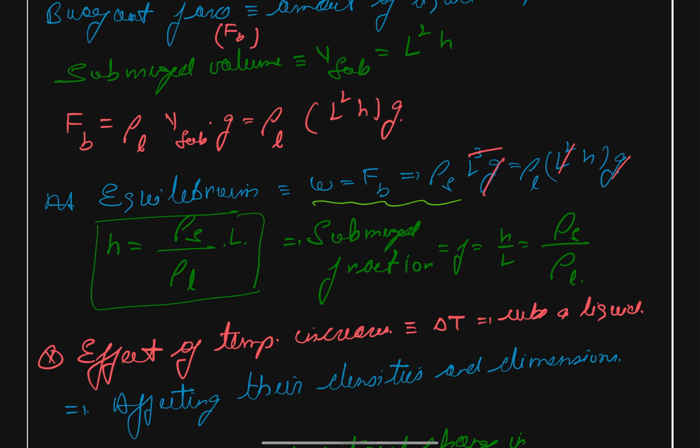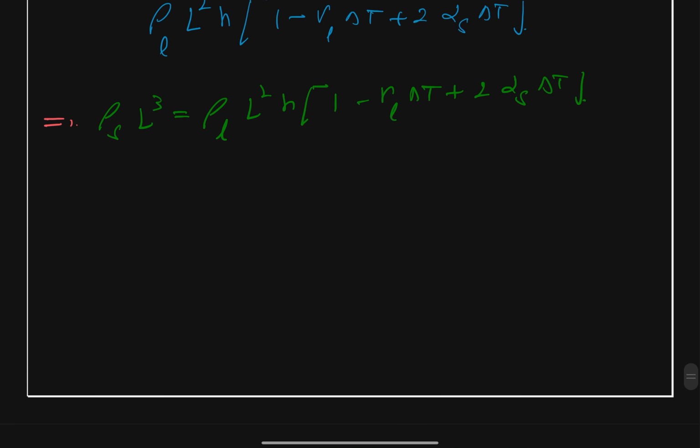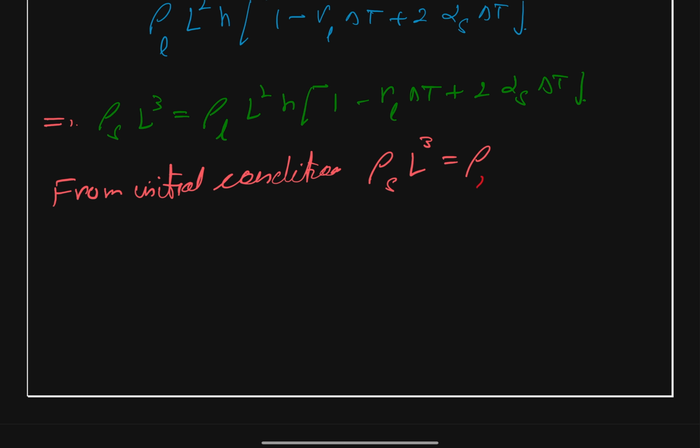This portion we are going to use, g we can just cancel. So from the initial condition we can say that rho S L cube, the volume, is equal to the displaced, which is rho L square times h. Therefore we substitute it.